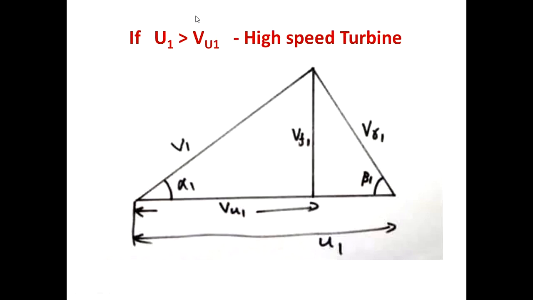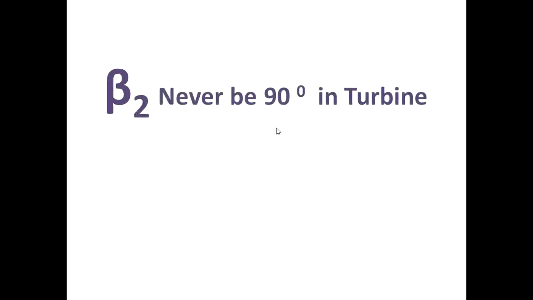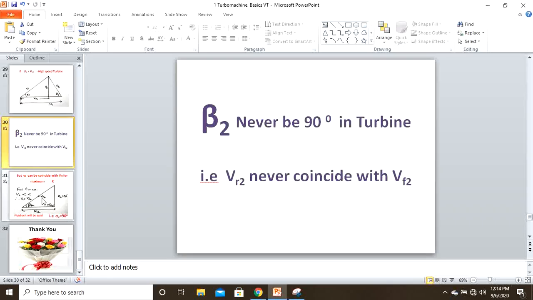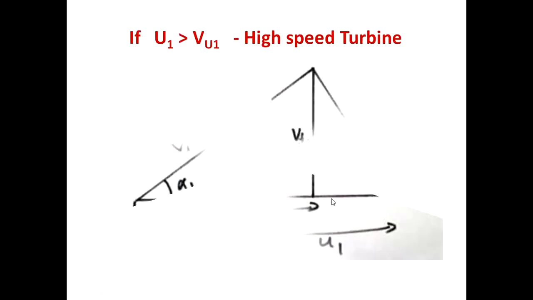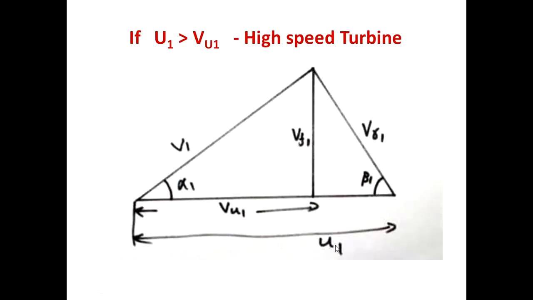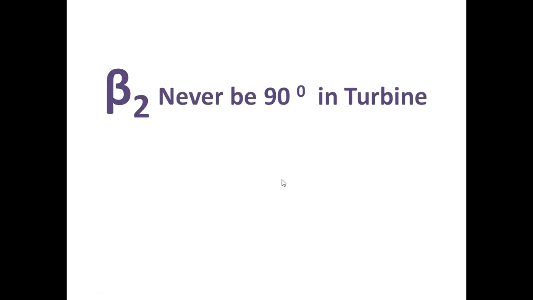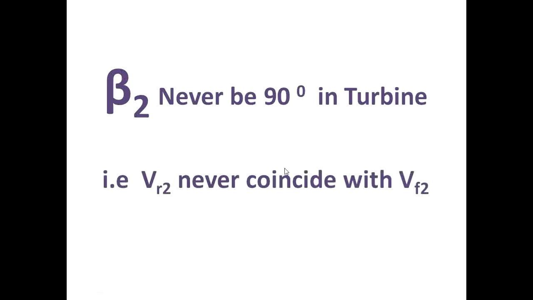When the speed of the turbine is greater than the tangential velocity, this is the thing you want to write. High speed, u1 is greater than vu1, so this is the velocity triangle. Beta 2 will never be 90 degree, but Vr2 can coincide with the Vf2.